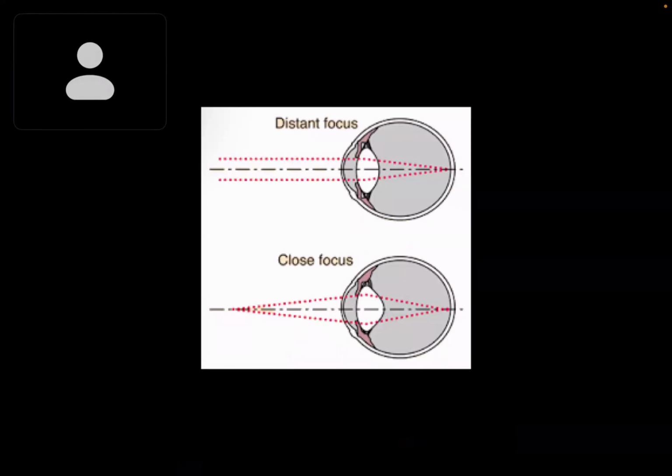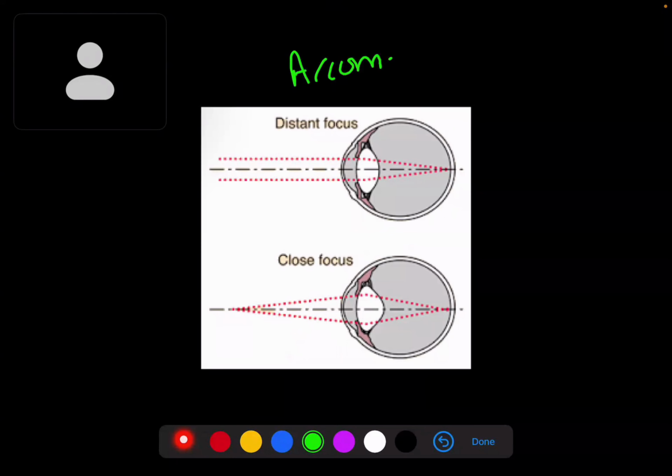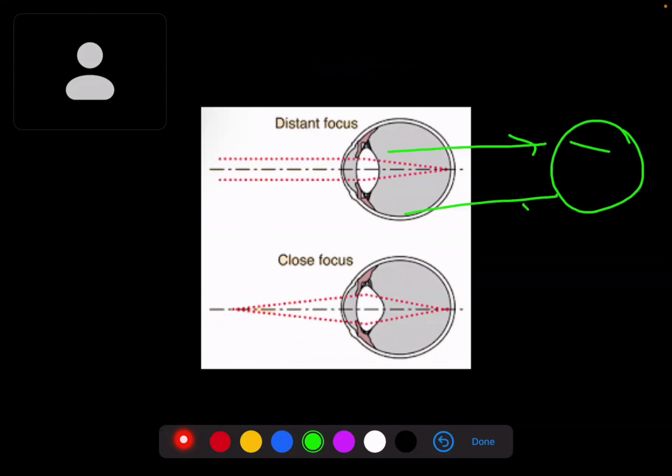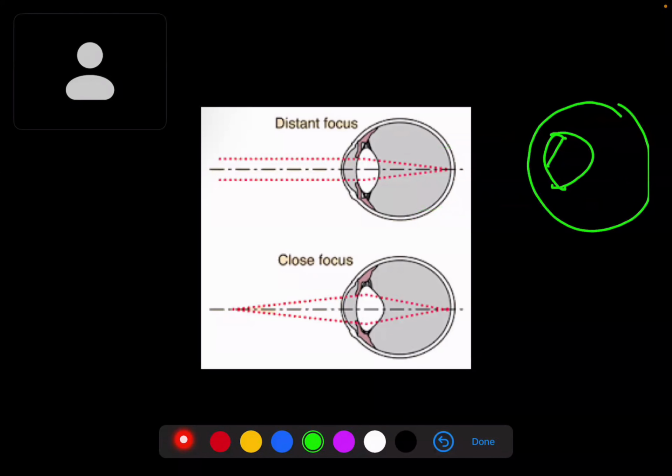Now I told you about accommodation in the beginning, where you can make your lens more curved, globular, and focus and make it myopic. What happens in hypermetropia is that since they can't focus on the retina because the eye is short, they will use accommodation, make the lens globular, so at least they can see far objects.